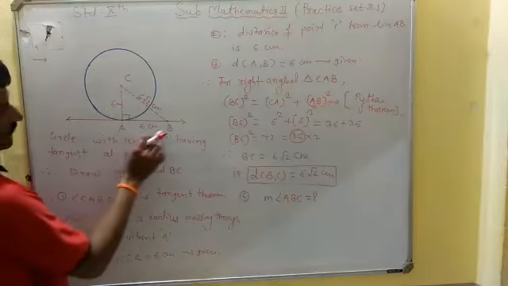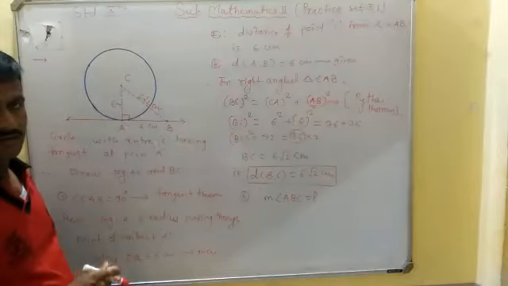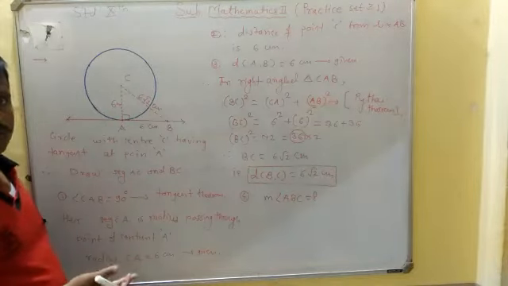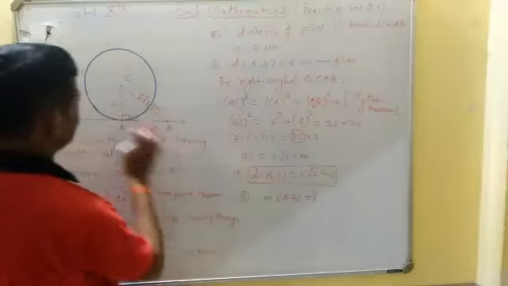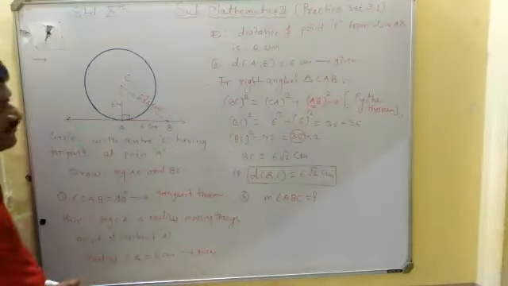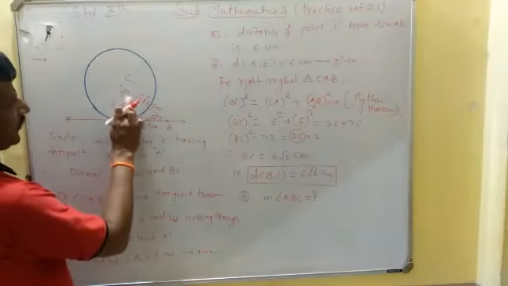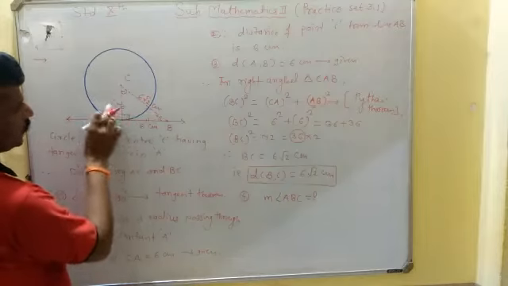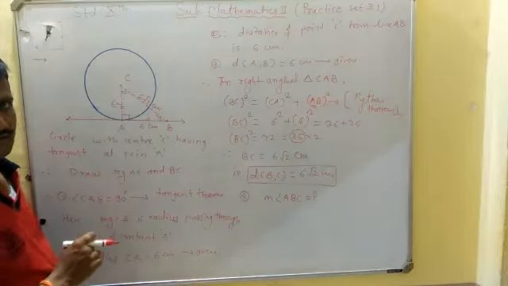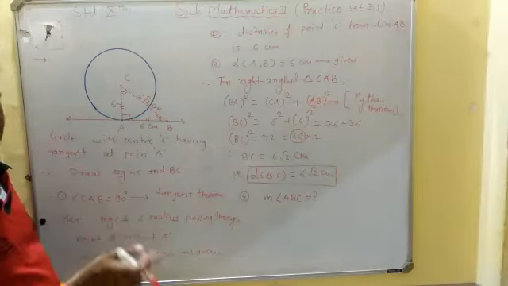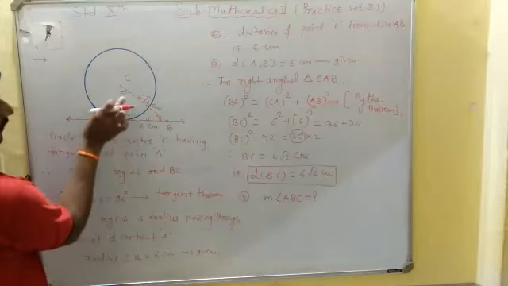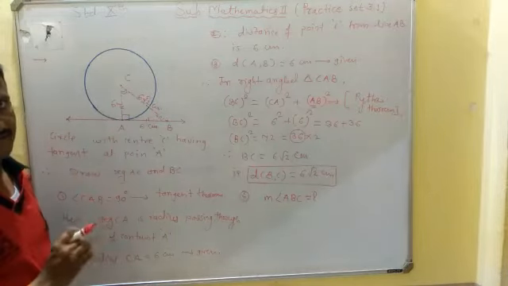By the lengths of sides of that right angle triangle, we are going to find the measure of angle ABC. Look here. In that figure, two sides are congruent. We are going to write the relation between the sides of the triangle and the hypotenuse of that right angle triangle.